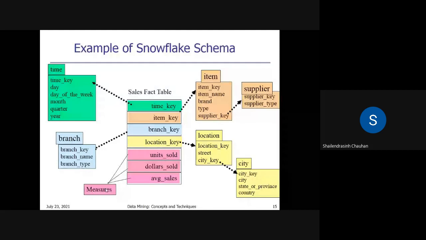This is fact constellation schema or galaxy schema, both are the same. So here you have a fact table which is linked with dimensions like branch, time, item, location.